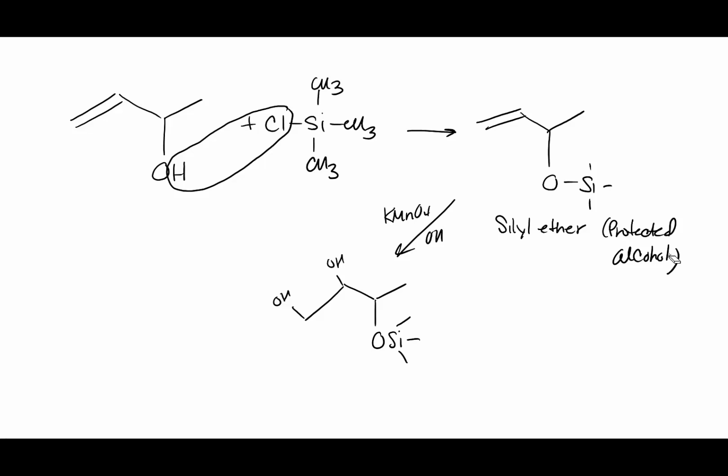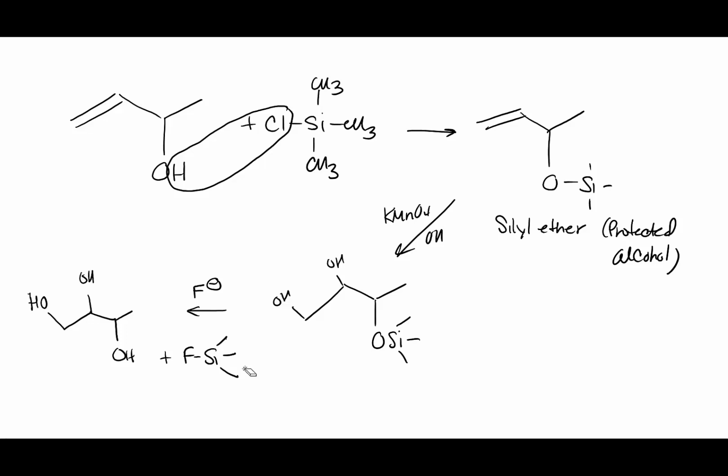So I do my reaction on whatever else I want to do, but now I need to get rid of the silicon at the end. So I need to deprotect. This O-silicon bond is stable to everything but one reagent, and that reagent is fluoride. If you react this now with fluoride, we will remove the silicon and go back to the alcohol.